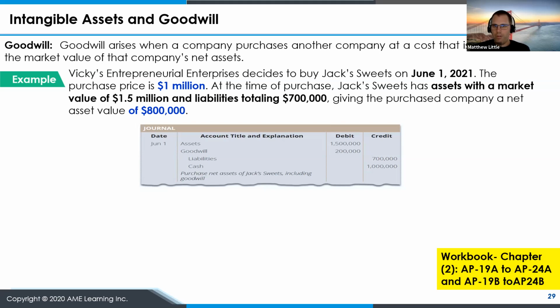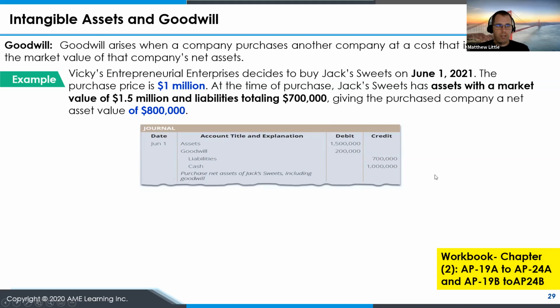So in this example, Vicky's Enterprise decided to buy Jack's Sweets on June 1st, purchase price of $1 million, and their assets of 1.5 million and liabilities of 700,000. In this situation, we would record the assets that we just purchased from Jack's Sweets at 1.5 million. We would record our liabilities because we're assuming what's owed to various vendors, 700.